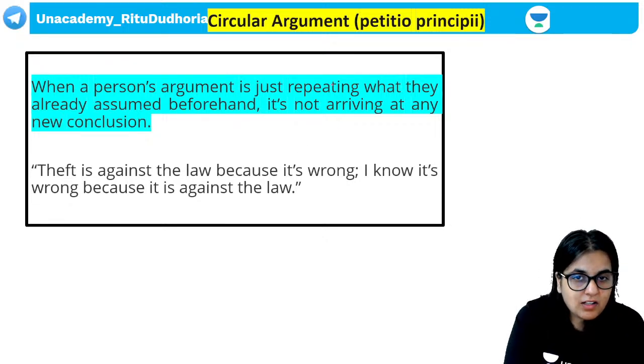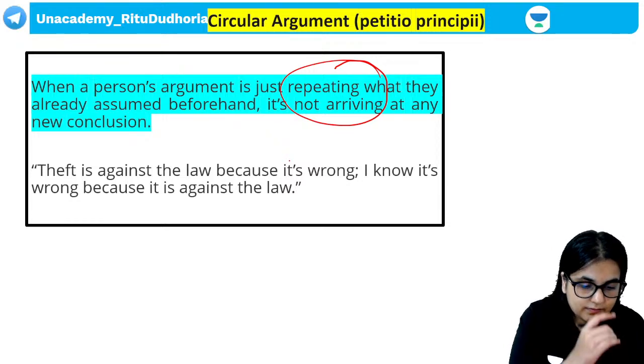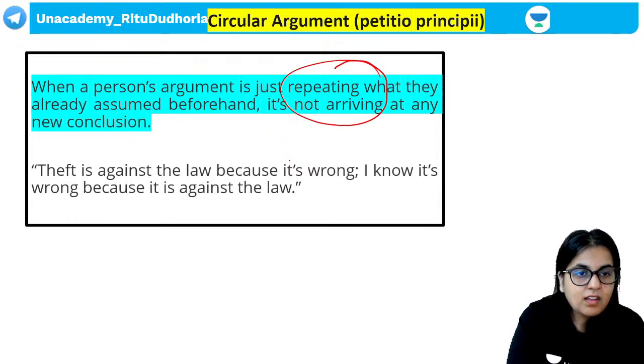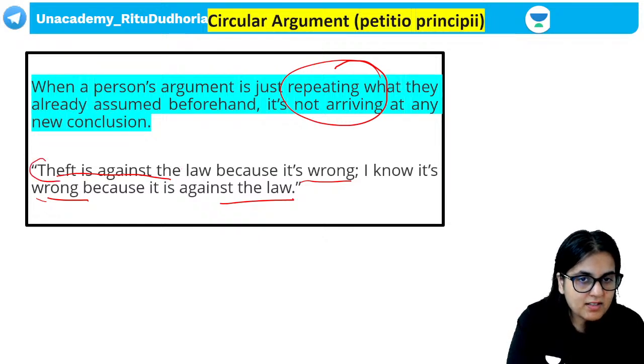When a person's argument is just going in circles, you're not exactly reasoning. You're saying the same thing over and over again, just in a different manner. For example, theft is against the law because it's wrong, and it's wrong because it's against the law. What is your premise? The same thing you have, twisted into a reasoning.